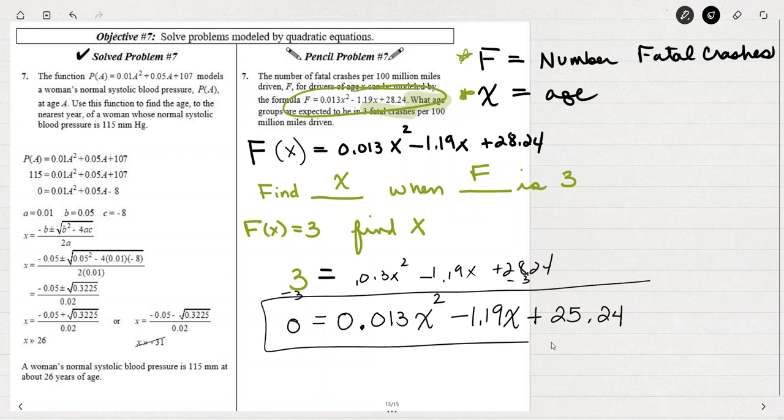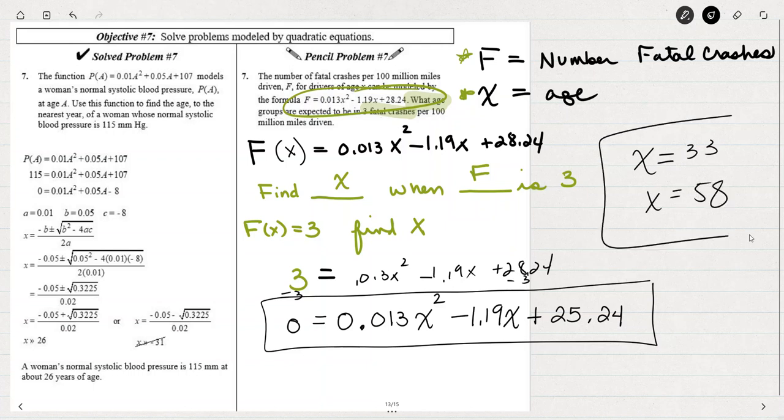And now you could apply the quadratic formula to solve this equation, and then you could round it to the nearest age. And what you should get is that the two x's would be 33 and 58. If you solve that correctly, you'd get x equals 33 or 58.